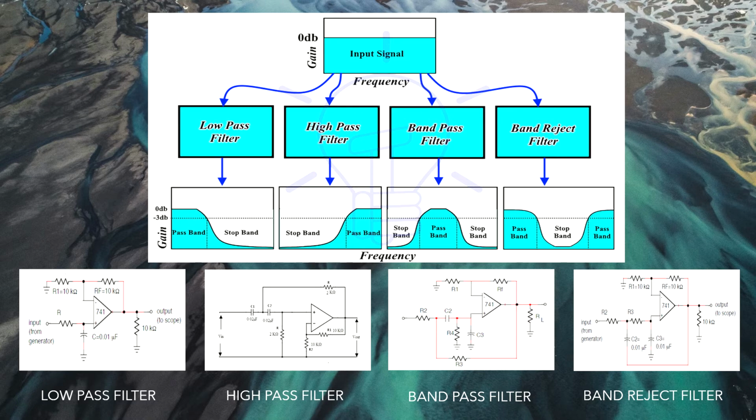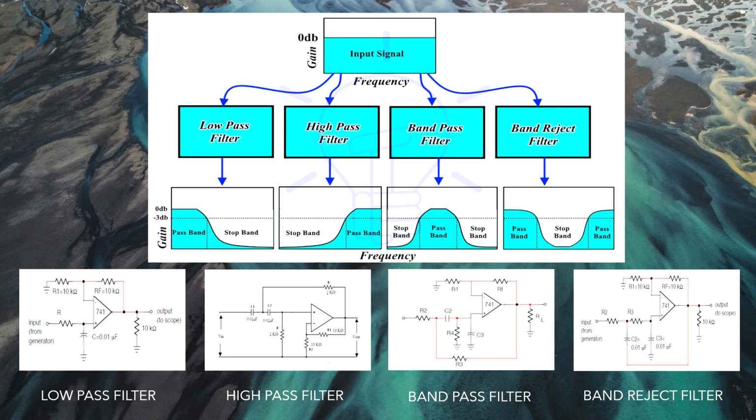Fourth is band reject filter. This type of filter attenuates the signal whose frequency lies in a fixed band of frequency. It is also known as band stop filter or notch filter. It works completely opposite to the pass band filter.